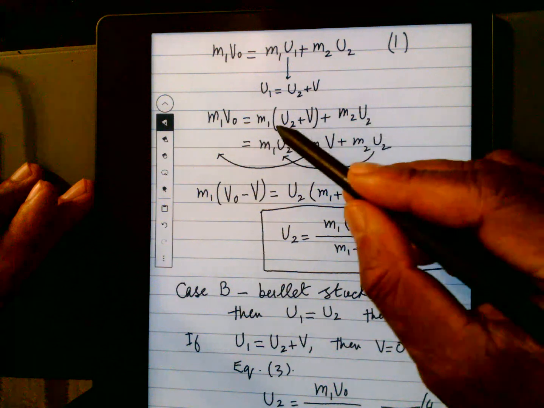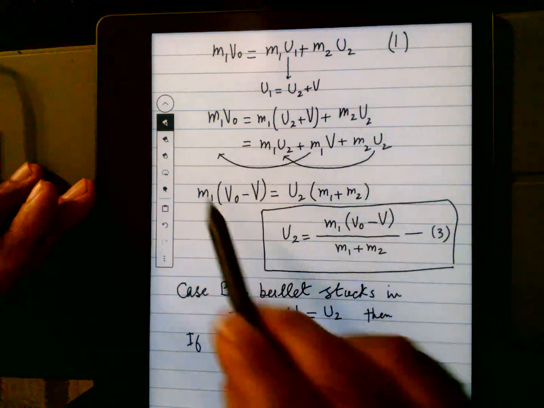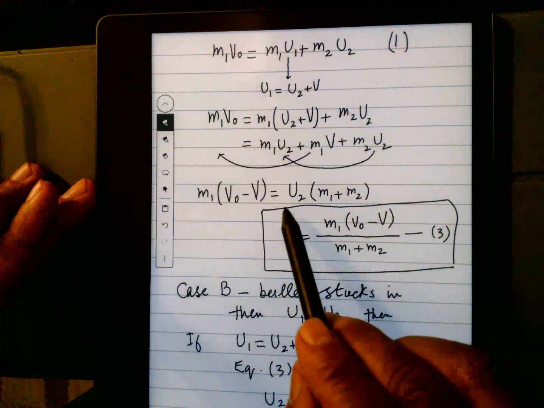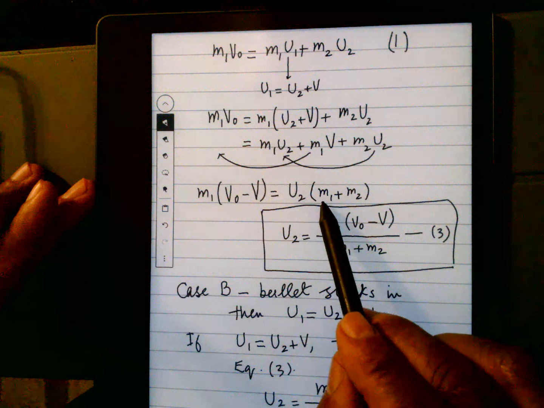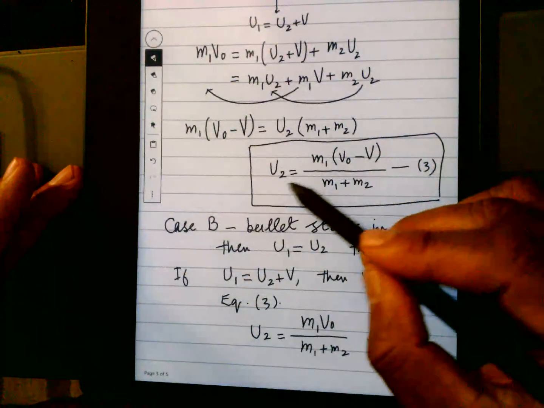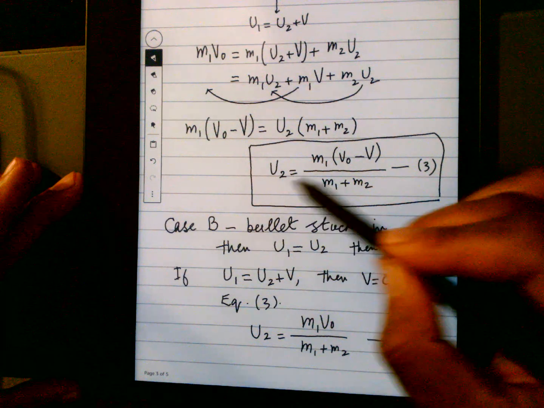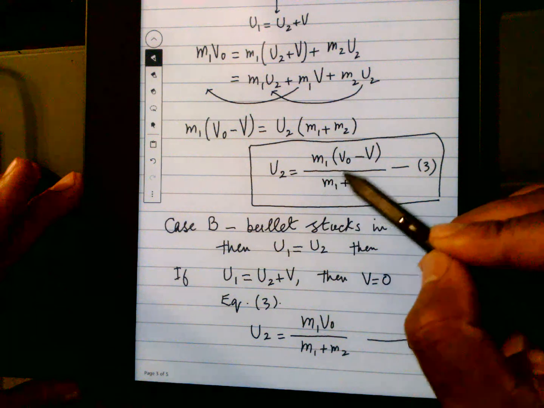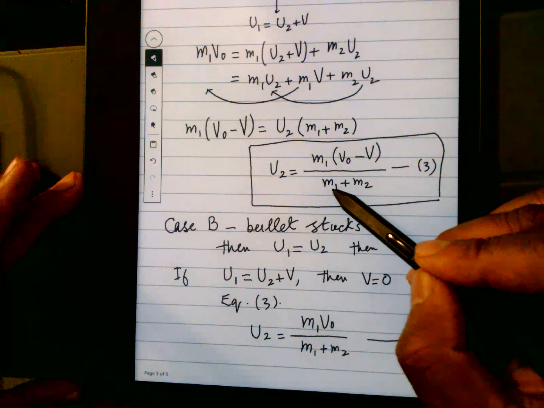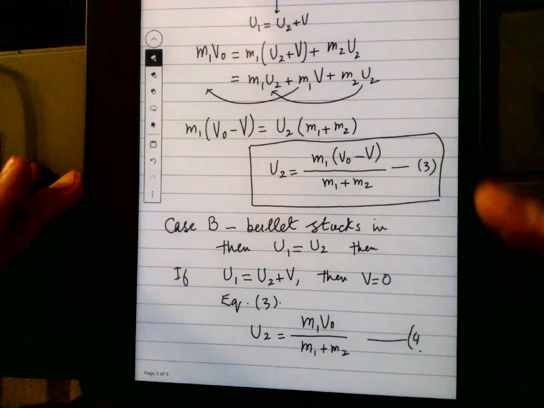These u2 terms go to the other side. So m1 times v naught minus v is equal to u2 times m1 plus m2. From this you get u2, the object velocity, equal to m1 times v naught minus v, over m1 plus m2. This is equation number 3.